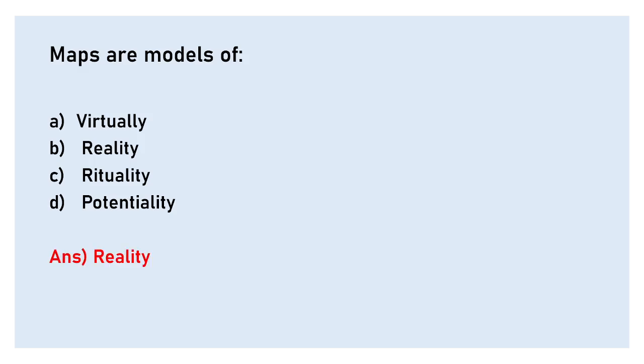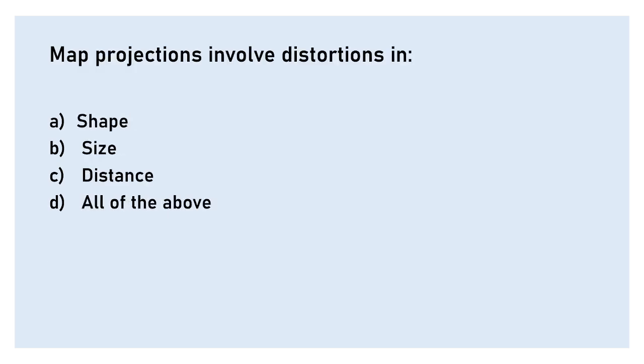Yes, the answer is reality. Whatever things you are seeing are represented on the map. Map projections involve distortions in shape, size, distance, all of the above. Yes, the answer is all of the above, which we were also saying.